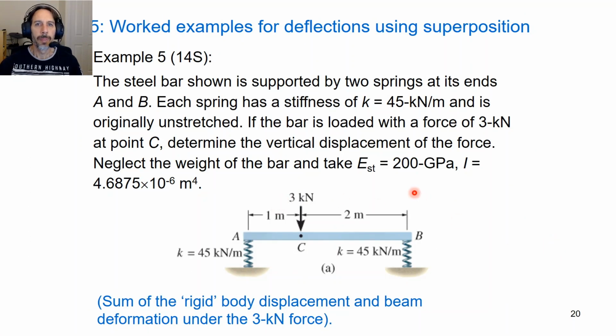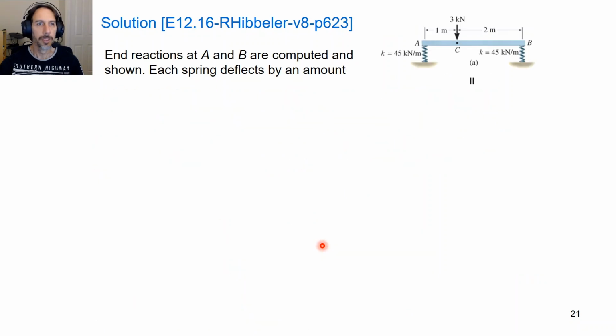Okay, all right, here's another example. In this case, we've got a beam sitting on two springs. The two springs are the same stiffness. So we're given the stiffness of the springs and we want to know the displacement at point C. Okay.